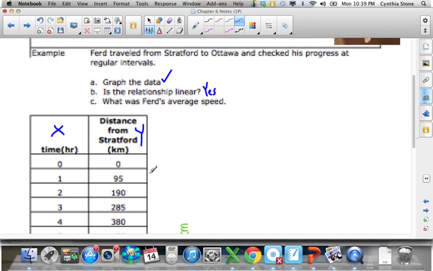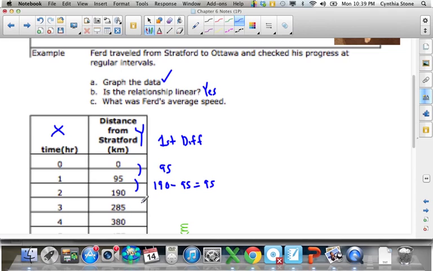I could also just verify that one other way, and that's using first differences, right? So we could put a little column here, call it first differences, right? And then go, the first difference between there is 95 minus 0, which is 95. The first difference here would be 190 minus 95, which equals 95.